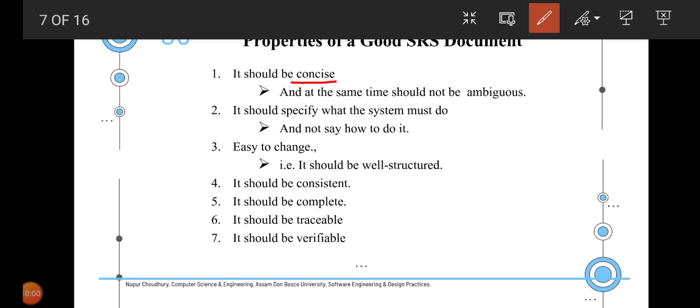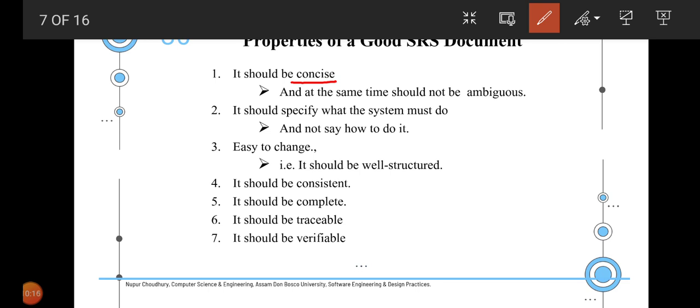But at the same time, if we feel that we need additional words or additional representations to be included in order to make the system more clear, we are free to do so.